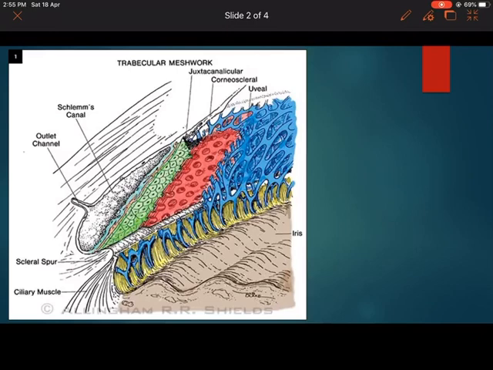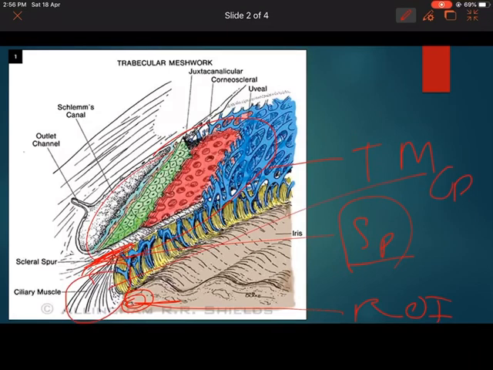Now this is the scleral spur we are talking about. This is a spur-like projection from the sclera into the anterior chamber. It's called a scleral spur. Then this whole structure is your trabecular meshwork. Then see here, this is the root of iris. Just before the root of iris, this area forms the ciliary body band.